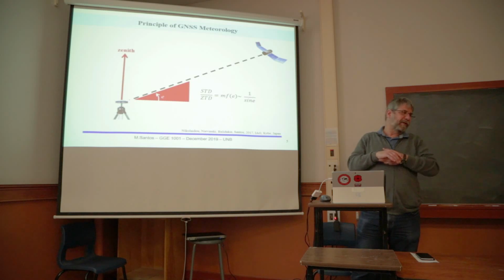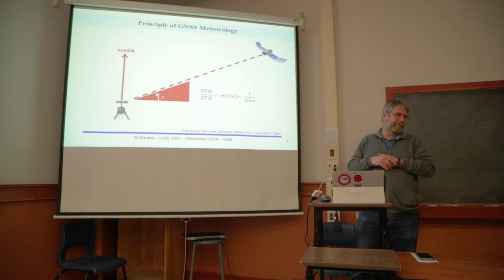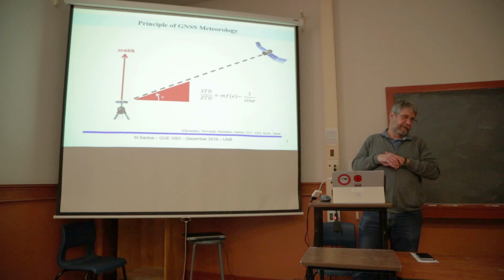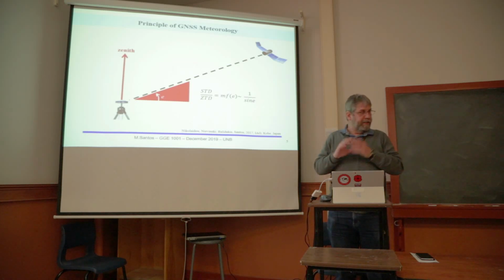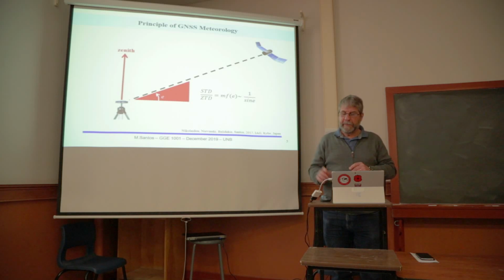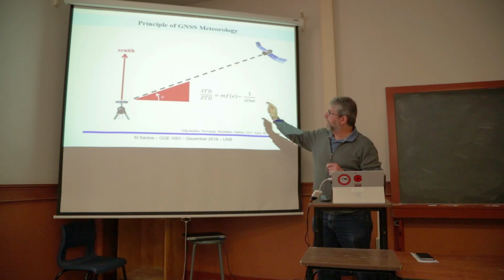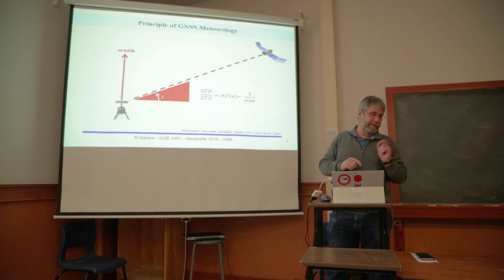It's roughly the inverse of the sine of the elevation angle. We call that a mapping function. So this is very important, and I'm going to focus on the ZTD.